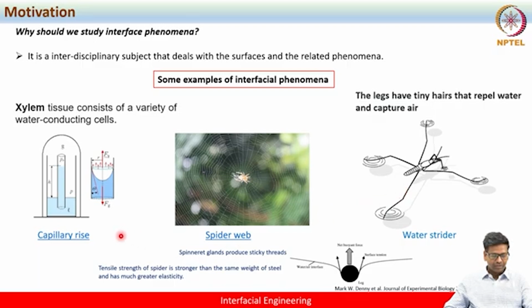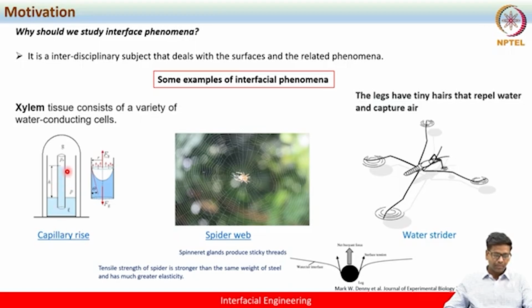The first one is capillary rise. If you can see, water rises through the capillary column, the level of the water goes up. This is actually due to the surface tension between the water and the surface.